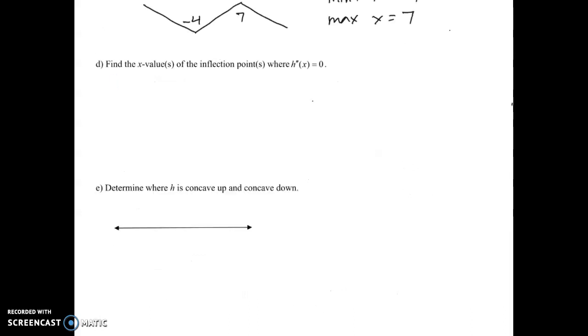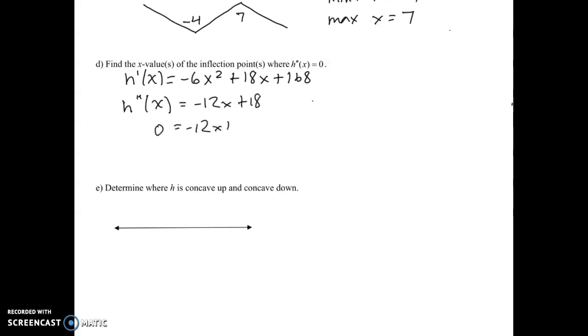Okay, so now we have to find the second derivative. I'm just going to write our first derivative down since it's way up above and we can't see it anymore. So negative 6x squared plus 18x plus 168. If I take the second derivative, 2 times negative 6, I get negative 12x plus 18, and I set that equal to 0.